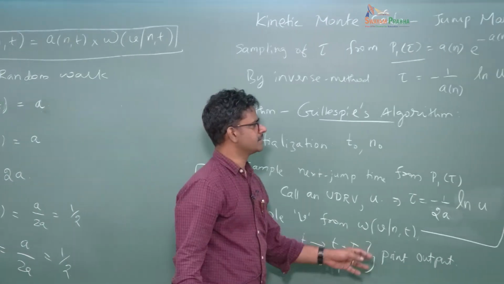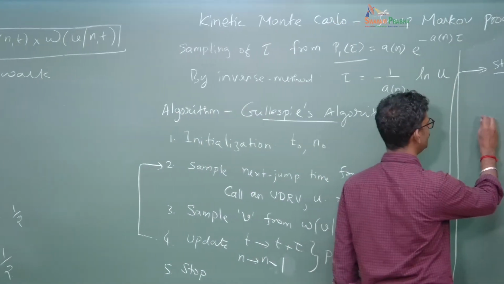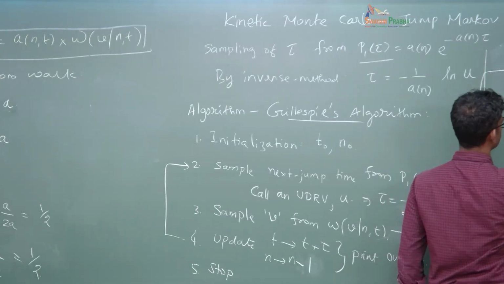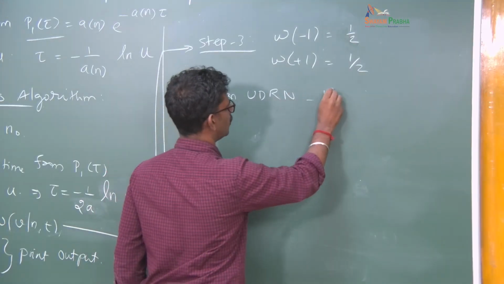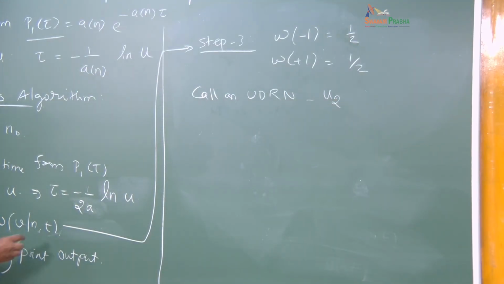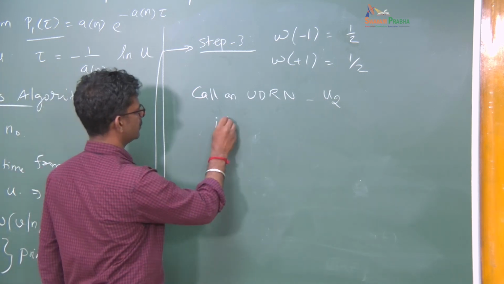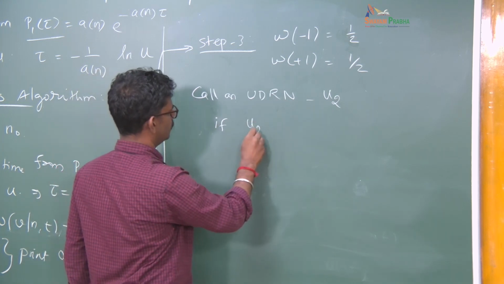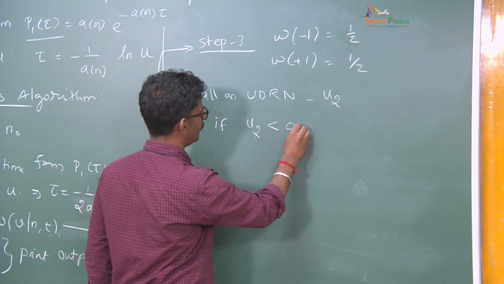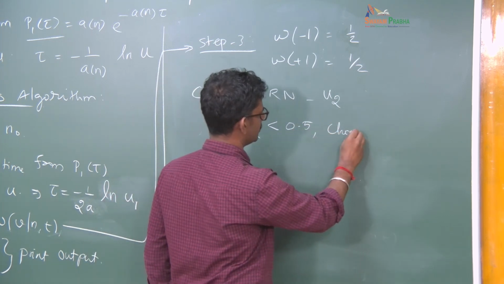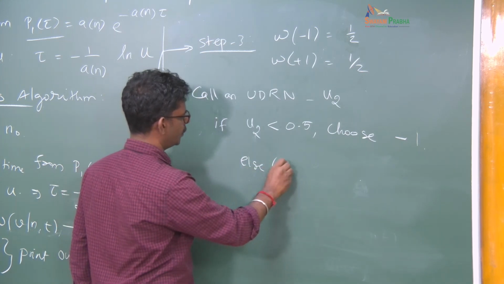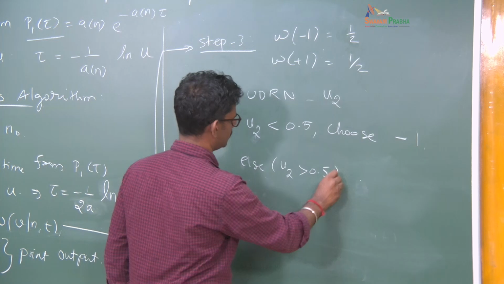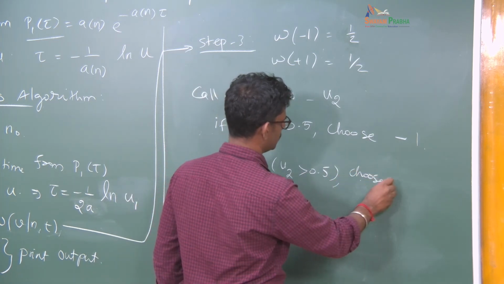The way you can do that is, in this case, you call a random number uniformly distributed. Let us call this u2, let this be u1, and then you check if u2 is less than 0.5, choose minus 1, else that means u2 is actually larger than 0.5, choose plus 1.